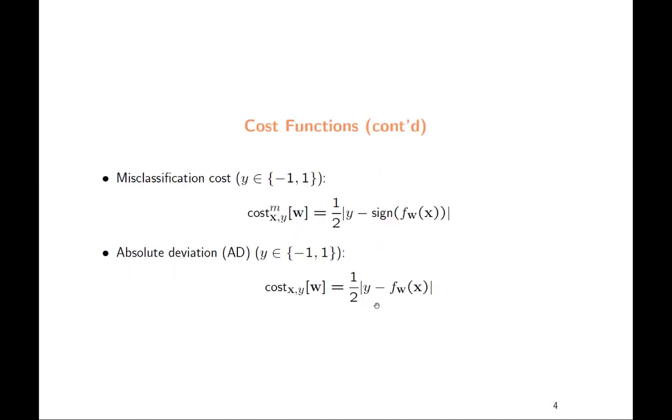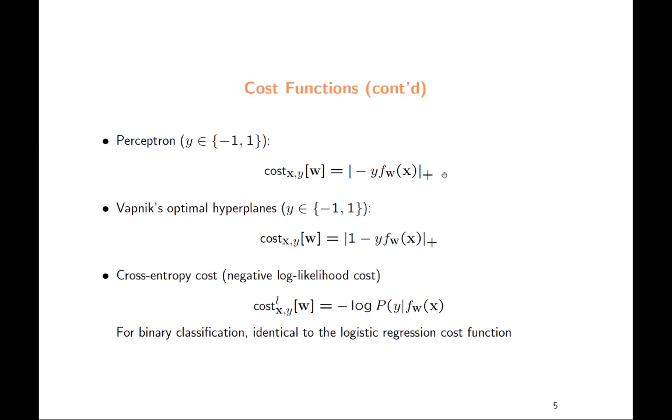And sometimes it's considered more robust, in particular if you have outliers, since outliers affect the least squares solution much more than a solution which uses this cost function. On the other hand, it's a little bit more difficult to deal with, but people are using that as well. Then there's the perceptron cost function, minus y times f of x.